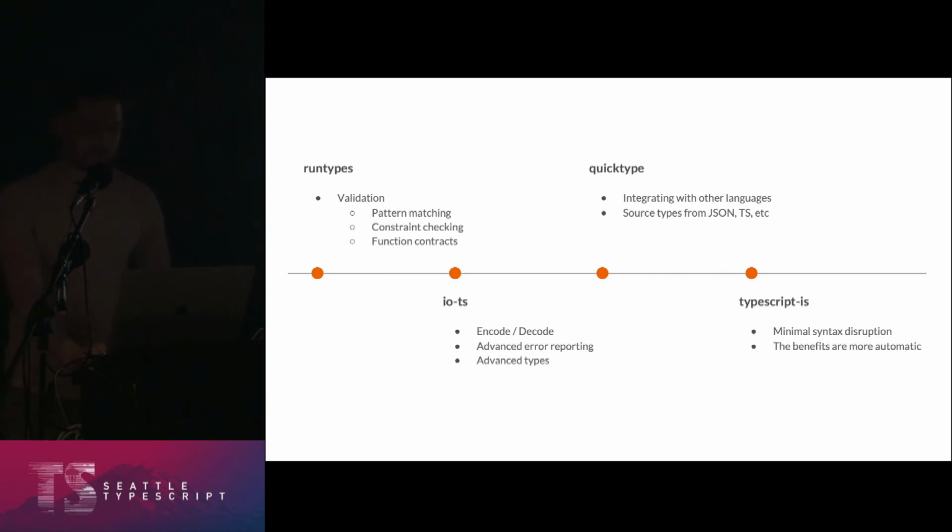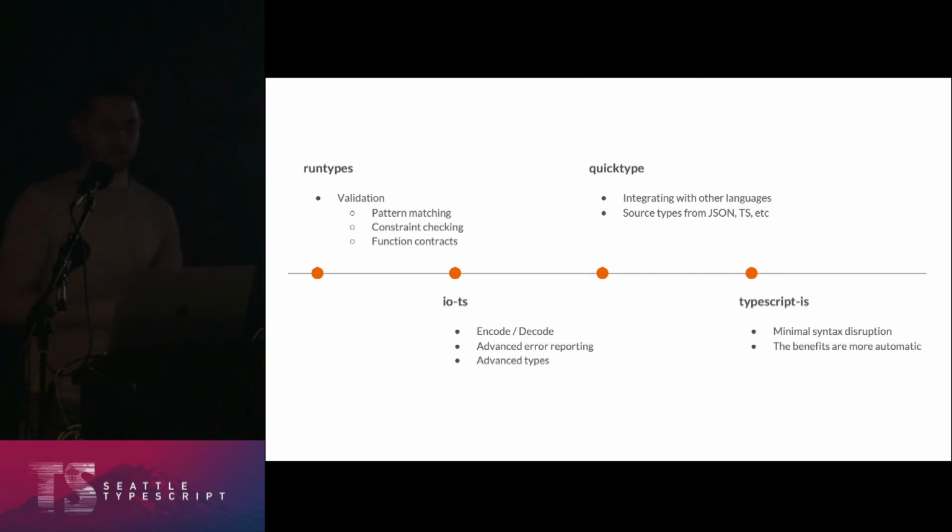QuickType is good if you're trying to integrate with other languages and you want to create models from JSON or from TypeScript. And you also get the type predicate functions or the type guards. And then this last library is, in my opinion, the most minimal syntax disruption.